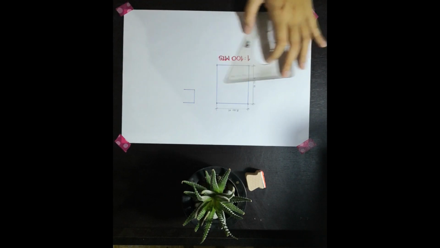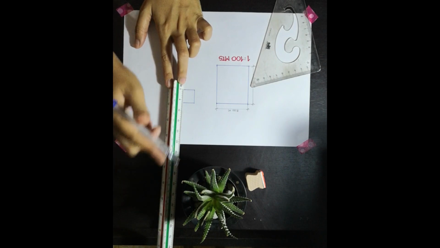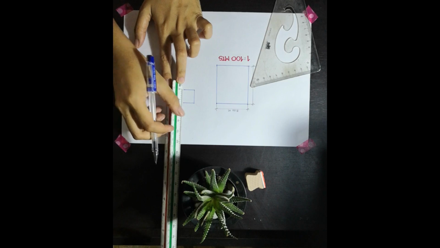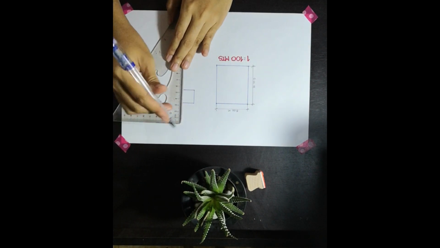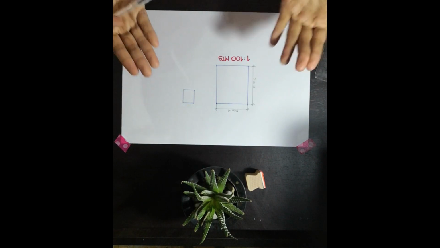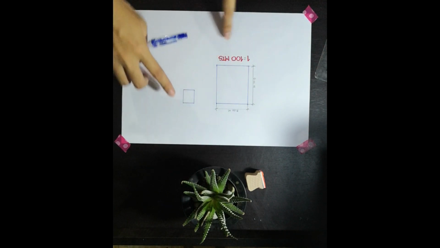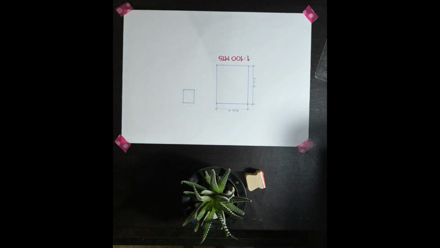To make sure it is 6 meters, then we will use the triangular scale. If it is checked, then we will connect. So as you have observed, on the other side, it is 5 by 6 meters, but this is smaller than the 1:100.